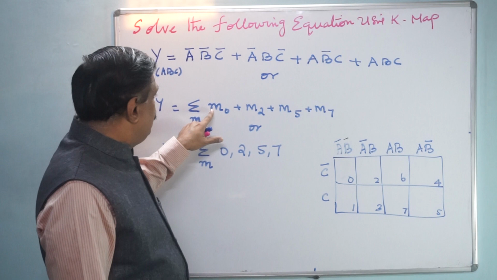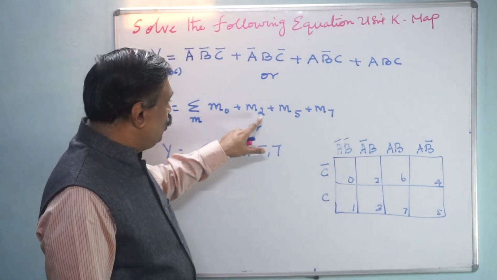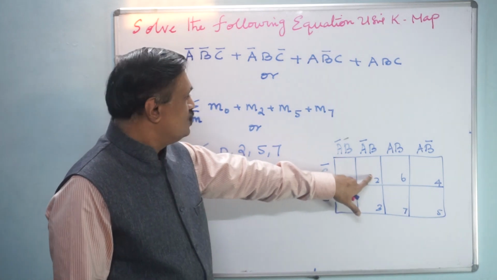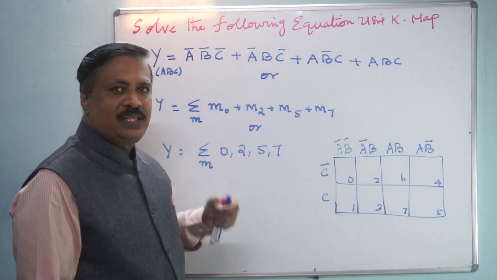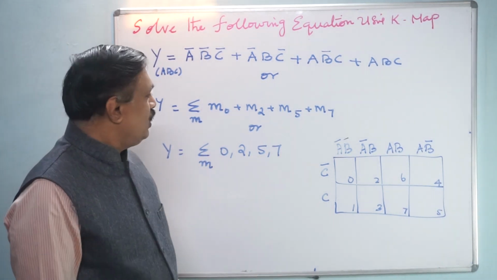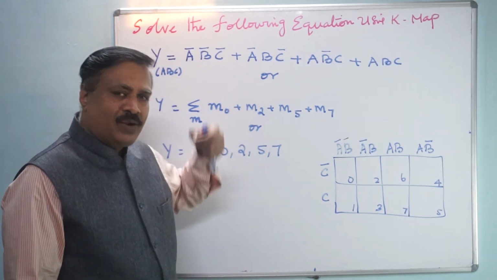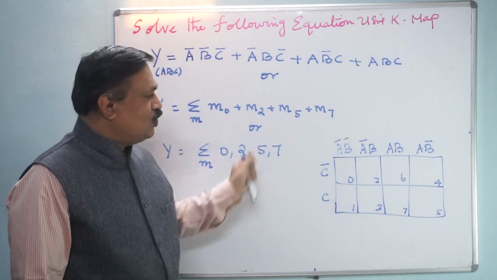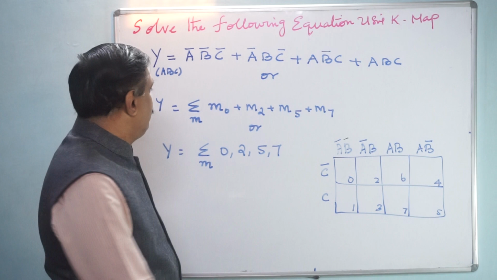M0 means min term for 0 decimal, M2 means min term for this, 7 means min term for this. You have to fill this, or simply they will give numbers like 0, 2, 5, 7. Now I am going to solve this equation by normal method, and then I am going to apply K-map. Then only you can easily understand what is the use of this K-map.